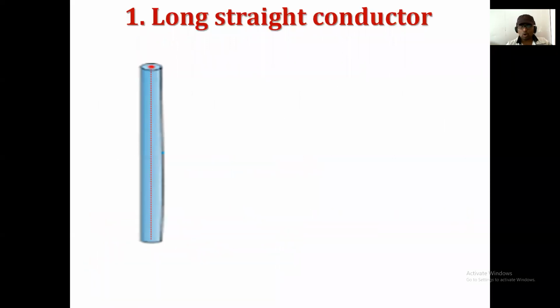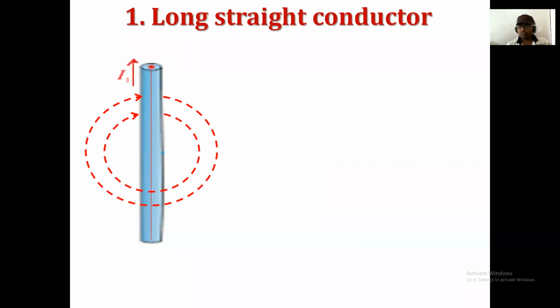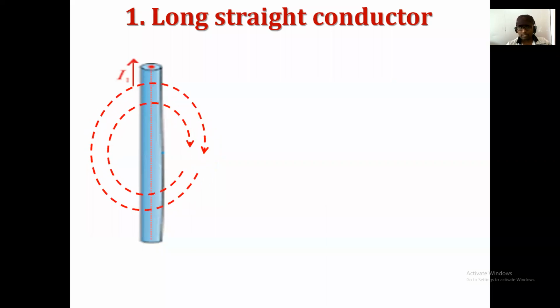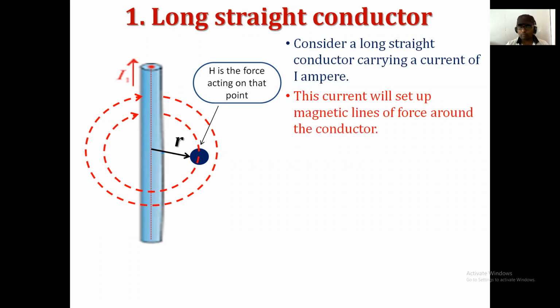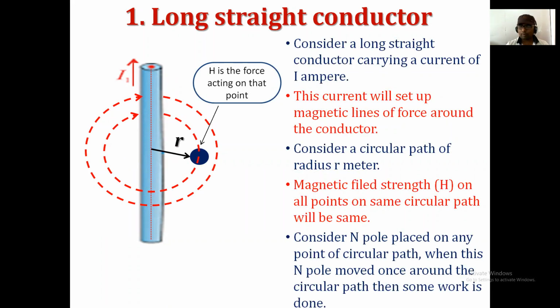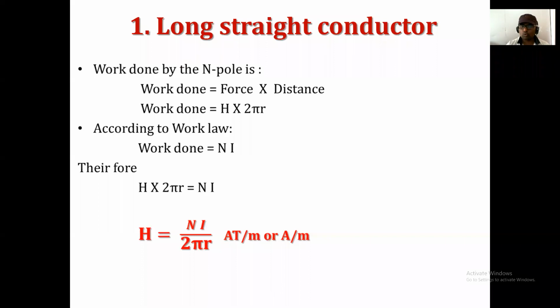If you consider a long straight conductor carrying the current I, definitely a magnetic field is generated. If we assume one point on a concentric circle at a distance of r meter radius, when this point takes one complete round, definitely a certain force is exerted on it, and that force is H. Theoretically, the work done by this unit north pole is nothing but force into distance, which is H into 2 pi r.